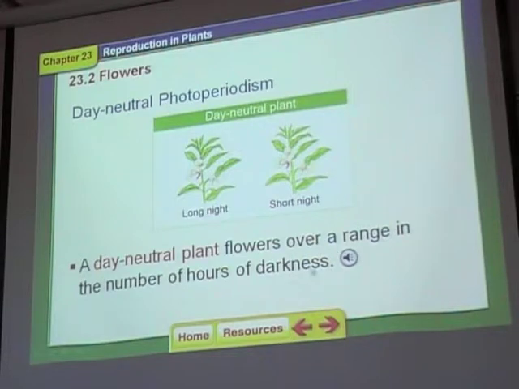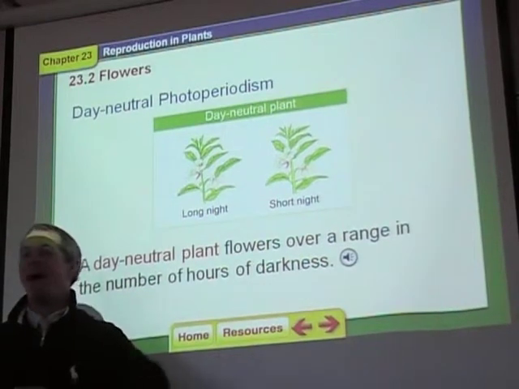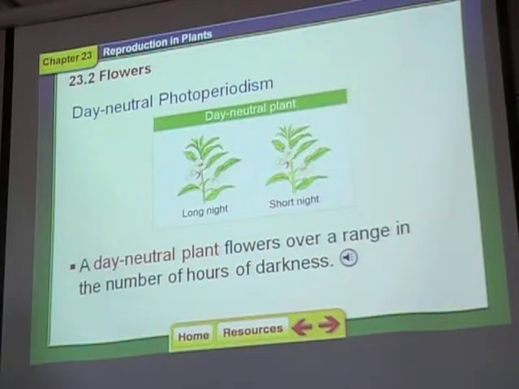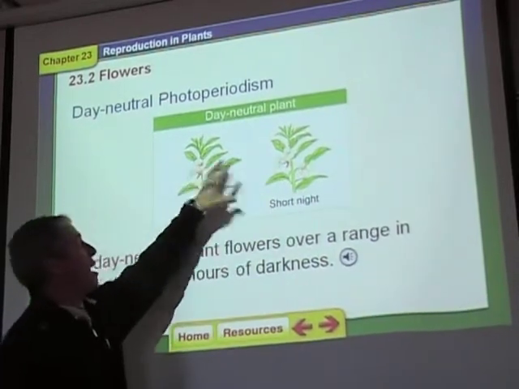And then finally, there's day-neutral plants. Day-neutral plants don't care about the length of night or day. It doesn't matter to them. They flower as long as there's enough water or as long as the temperature's right. They look at something else. And so they might flower on a long night. They might flower on a short night.